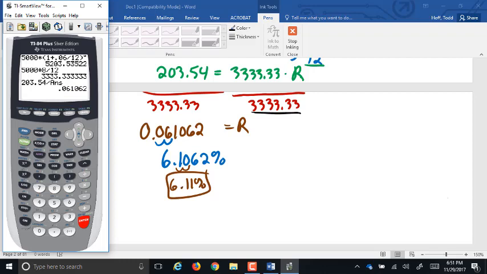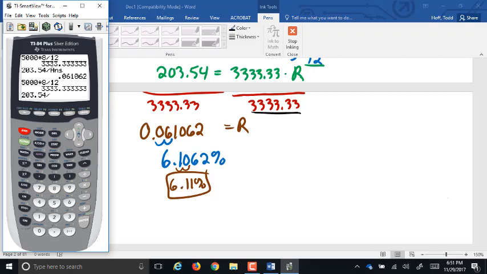Okay, what model calculator do you have? On yours, you punch in the 5,000 times 8 divided by 12, and you get 3333.33333. You're just going to leave that on your screen. Now you're going to type in the 203.54, then divided by, then up in the upper left, you either have a second key or a shift key.